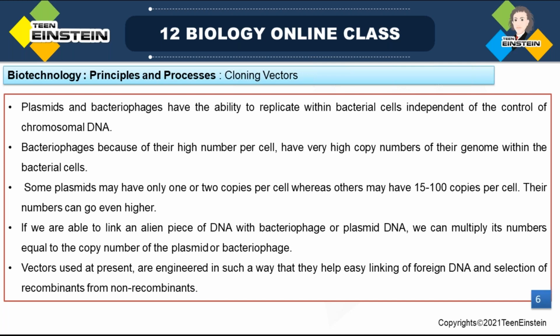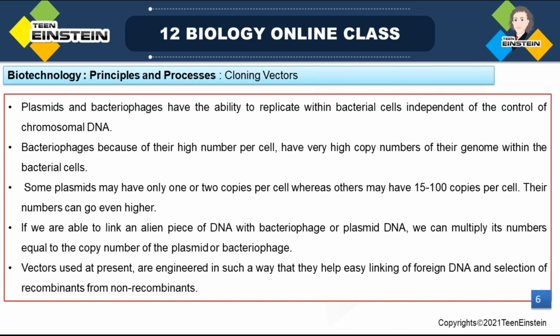That's why we are selecting bacteriophages as cloning vectors. Plasmids, bacteriophage, Ti plasmid, all these are examples. So why are we selecting them? There is a reason for selection: there is no control of the chromosomal DNA. In a bacterial cell the number of bacteriophages can be more, and along with that genome, the copy number is also increasing.